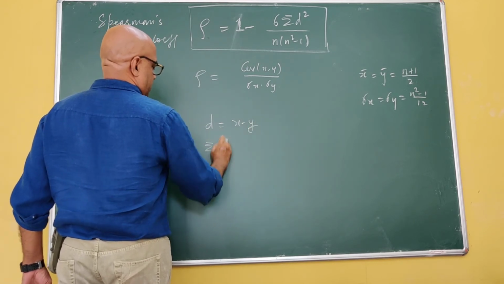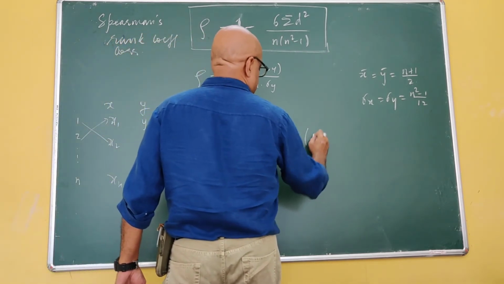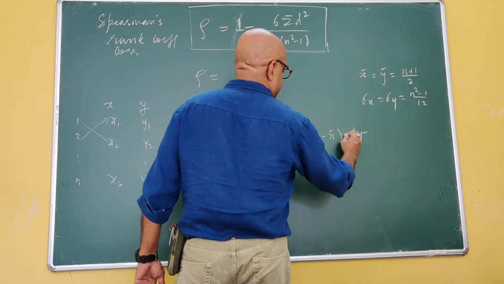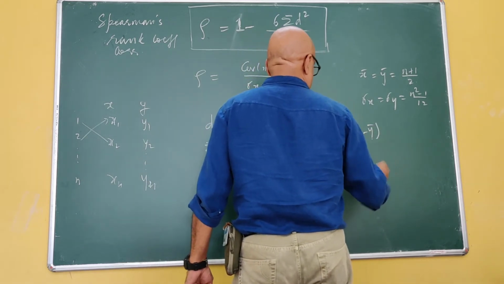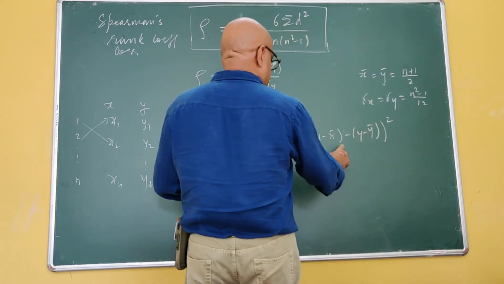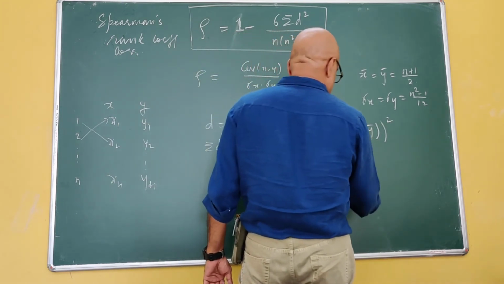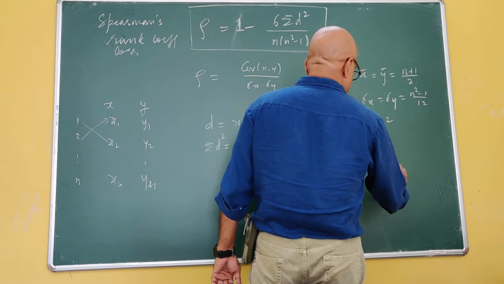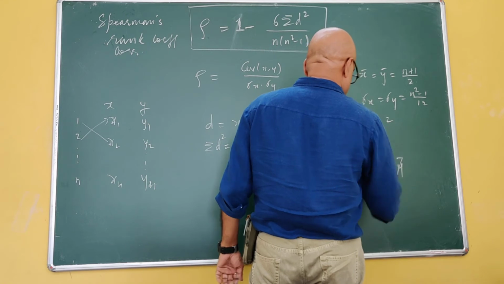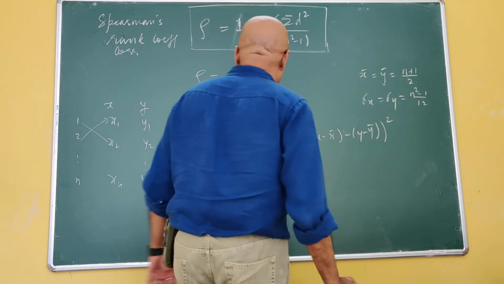So summation d square is summation of x minus y, the whole square, which I would like to write as x minus x bar minus y minus y bar, the whole square. Why is this equal? Because I get x minus x bar minus y plus y bar. But x bar and y bar are equal, so they will cancel and you get x minus y. I may not have said that earlier, but you can see.